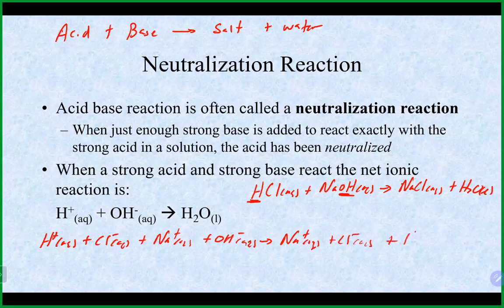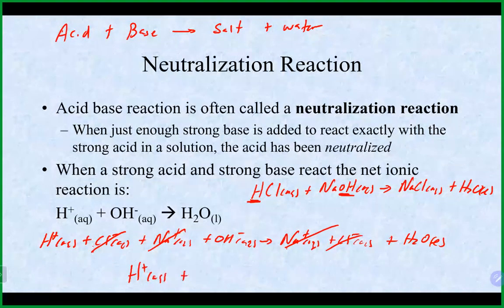And our water will stay together as it is a liquid. A reminder that we keep together anything that is a liquid, a solid, or a gas or a weak electrolyte. Our spectator ions in this case, sodium and chloride on both sides, completely cancel out. And again, we are left with the overall reaction that we see on the screen here.